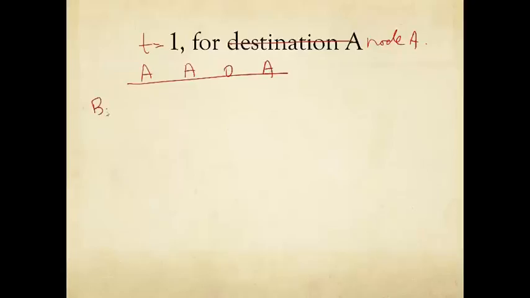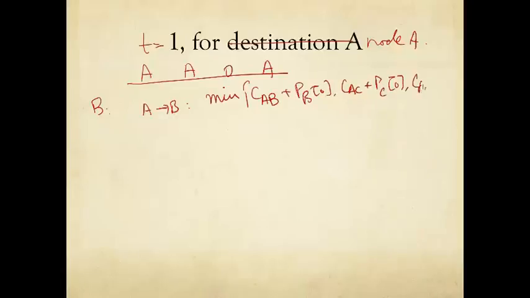What about destination B? For A to get to B, it will be the min of the 3 neighbors' numbers: going through neighbor B, for B to get to B; going through neighbor C, for C to get to B; and going through neighbor D. So I'm implicitly talking about destination B here.